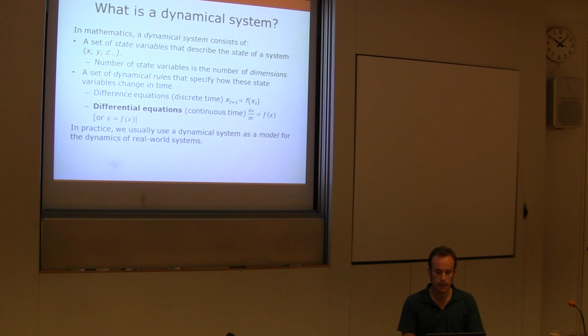The equivalent in continuous time is differential equations. These are the ones I'll be working with today. Just about all the things I'll be talking about today have a very similar form for difference equations as well as differential equations, but just for simplicity, I'll stay with differential equations today.